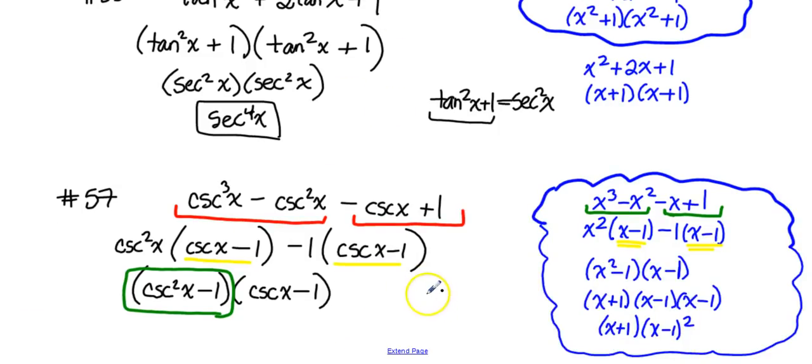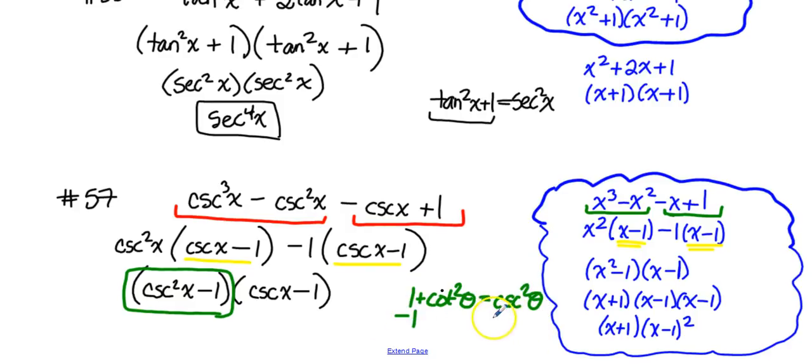So let's write that down, just for the sake of our notes. 1 plus cotangent squared equals cosecant squared.